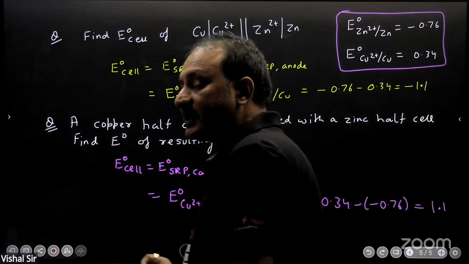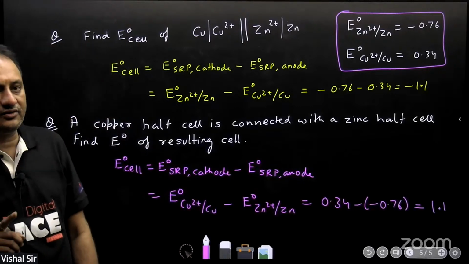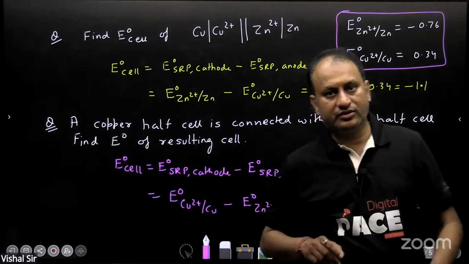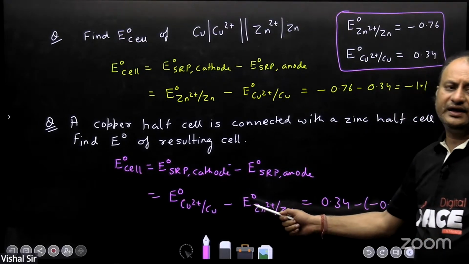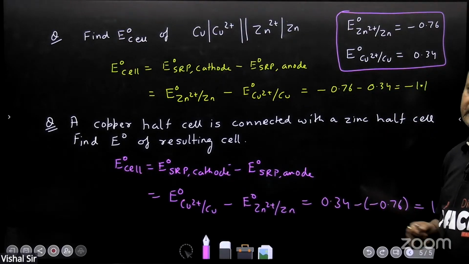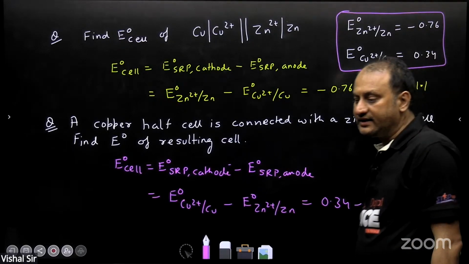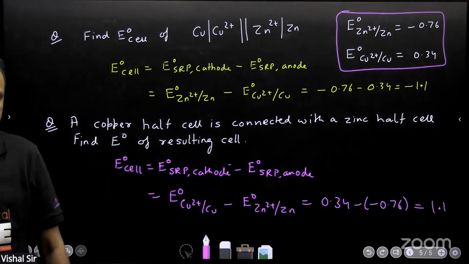So in such a case, whichever half cell has higher reduction voltage, that we will decide as cathode. So in second problem, I decided cathode to be copper half cell because its reduction voltage was higher than reduction voltage of zinc half cell.